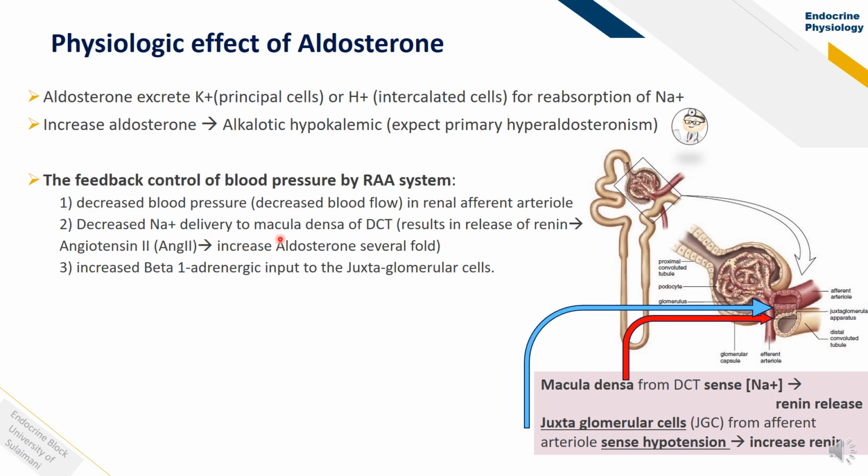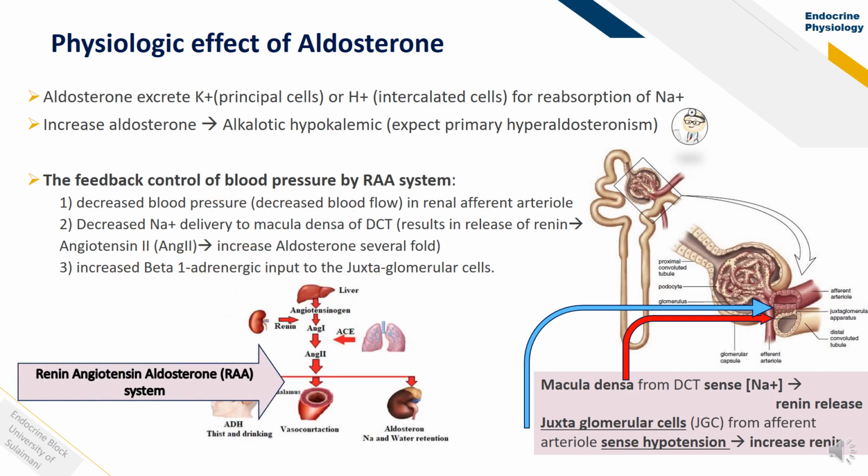Decreased sodium delivery to the macula densa of the distal tubule is another stimulator of renin release. Another factor that has an effect on renin release is sympathetic stimulation through beta-1 adrenergic receptors. So sympathetic stimulation also causes renin release, in order to increase blood pressure toward normal.